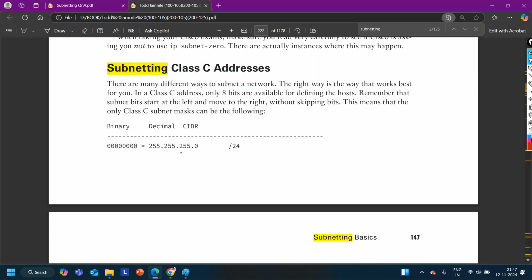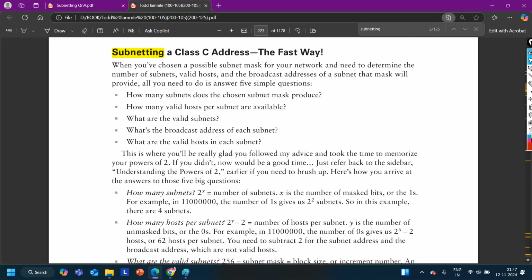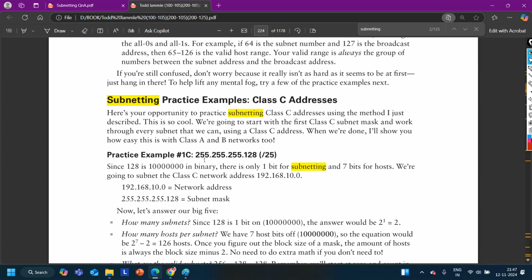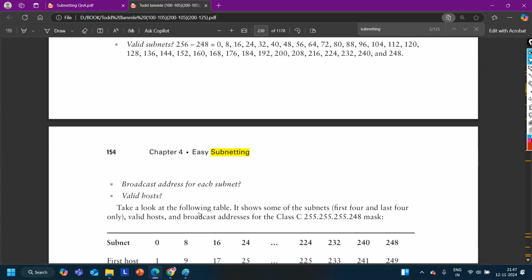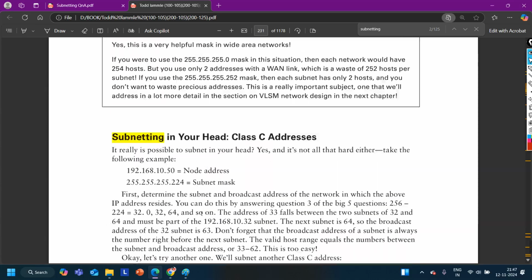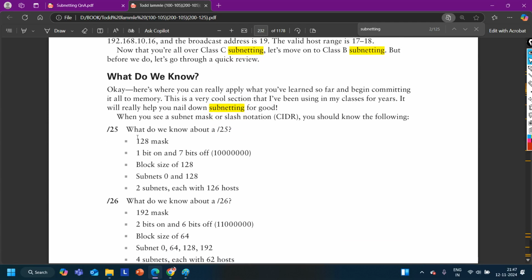Then subnetting from class C. You can see for each slash value it has explained the process. So go through it once with all the examples from each class. Now it is from class C, and after that there are some questions. What do you know about a slash 25, 128 mask?